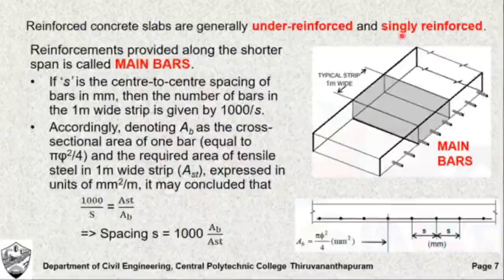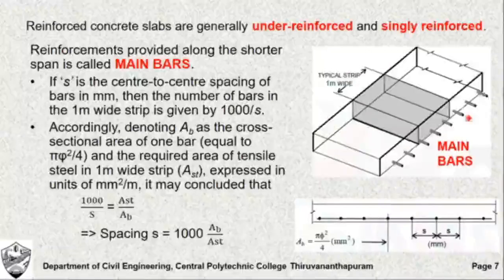And since it should be a singly reinforced section, we require Mu to be less than Mu limit. We must satisfy both conditions, XU less than XU max as well as Mu less than Mu limit, while we design a one-way slab.